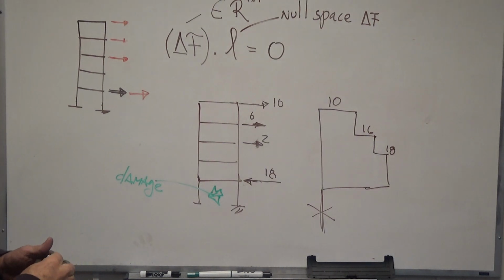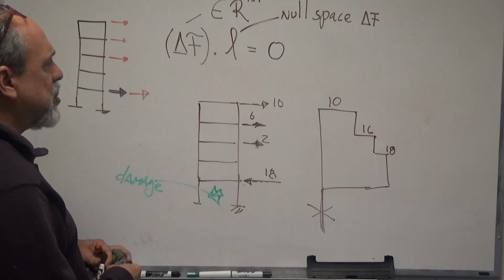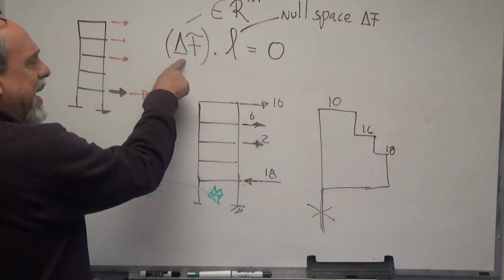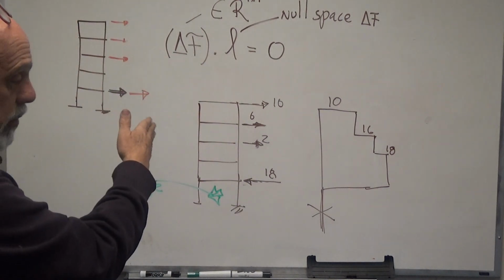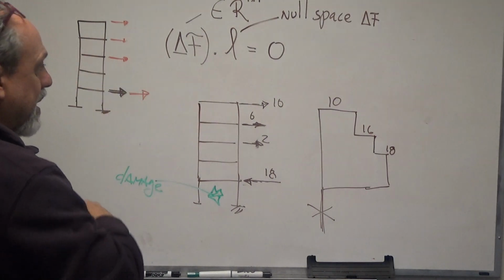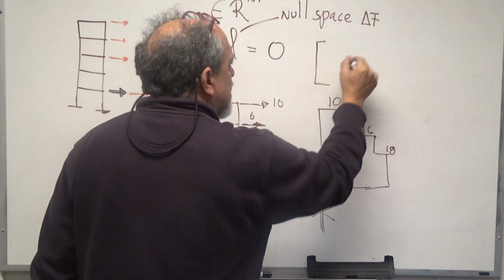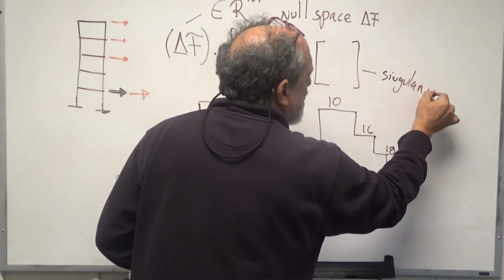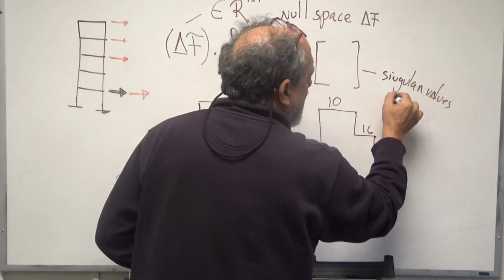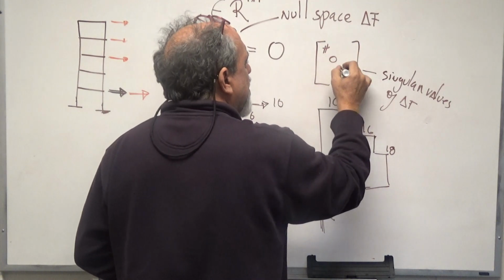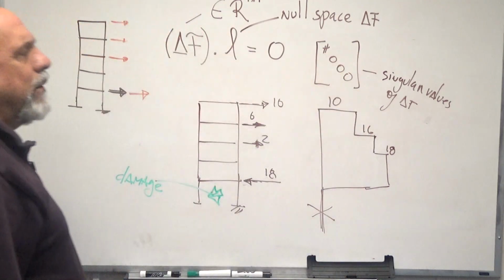Alright? Now, if in reality the damage was only on level 1, what we would find is that the delta F would only be rank 1 in a problem like this. Okay? The delta F would be rank 1. So the singular values of delta F would actually be a number and then 0, 0, 0. Okay?